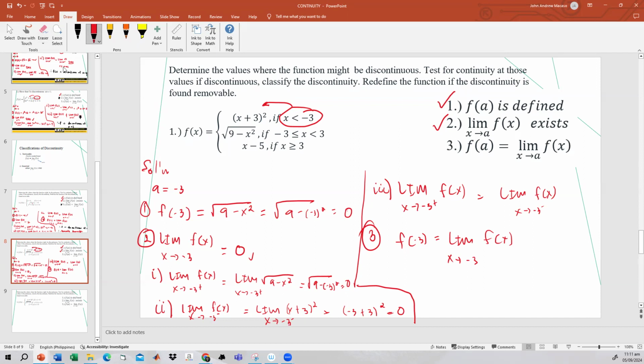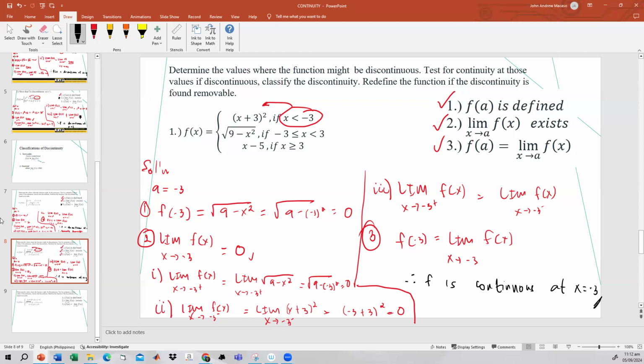So in this case, all of the three conditions are being satisfied. So f is continuous at x is equal to -3. This is the thing that we can conclude whenever x is equal to -3. Continuous po siya.